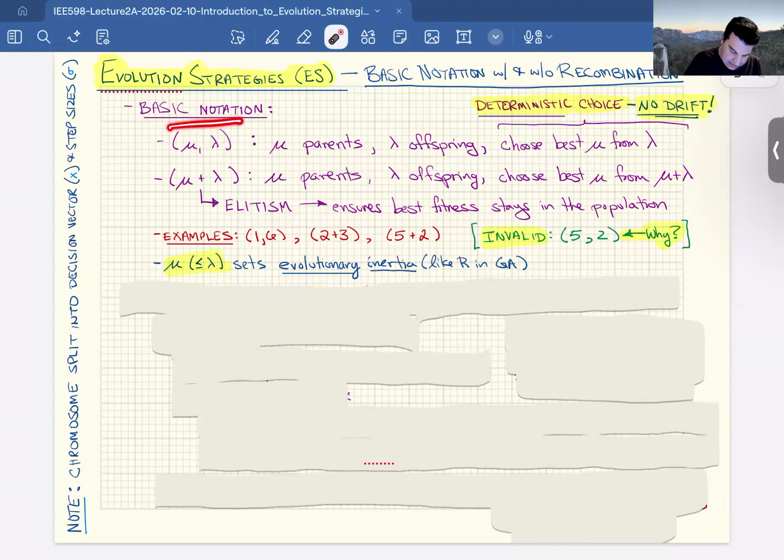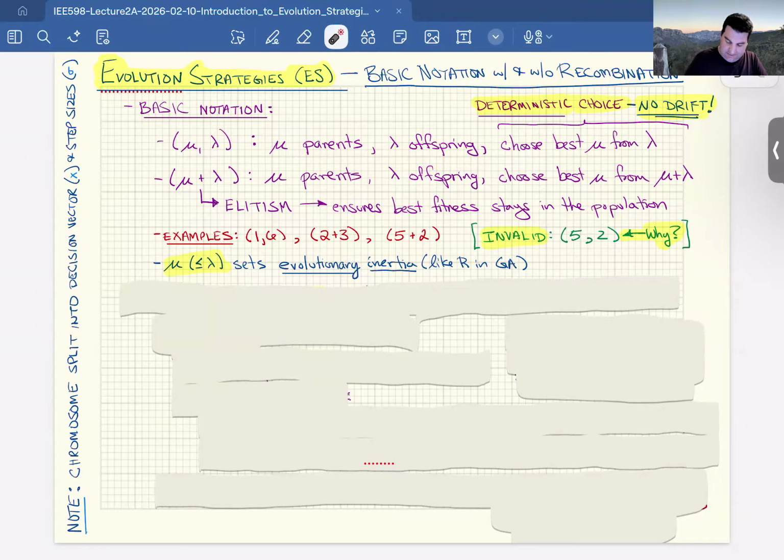So the way we read this mu comma lambda is that this ES is configured to have mu parents, and there are lambda offspring produced by these mu parents.